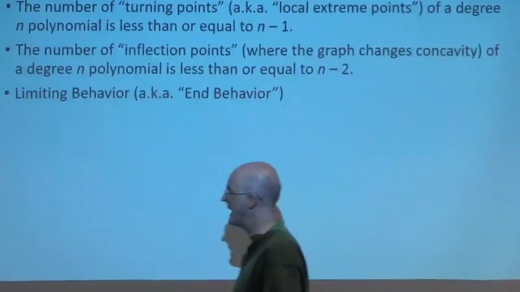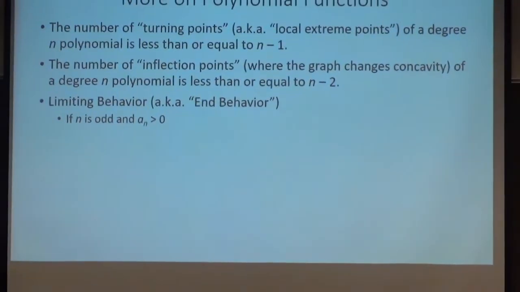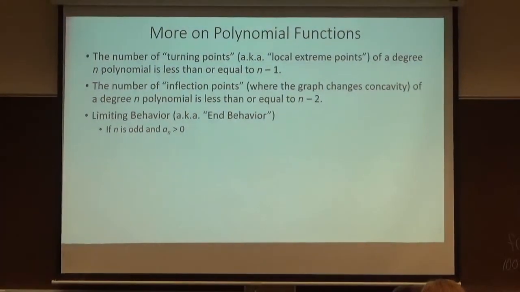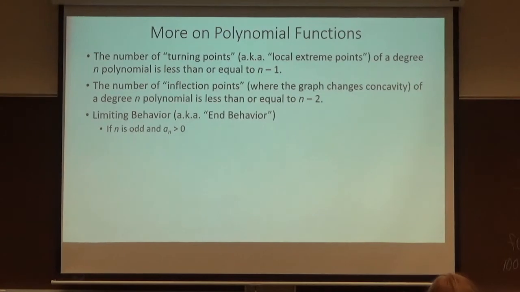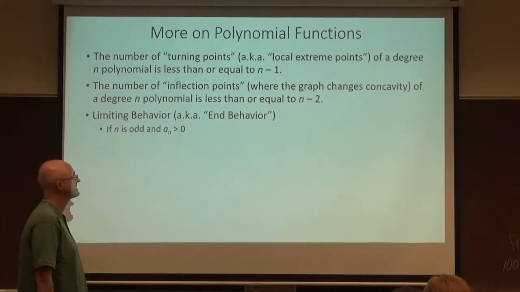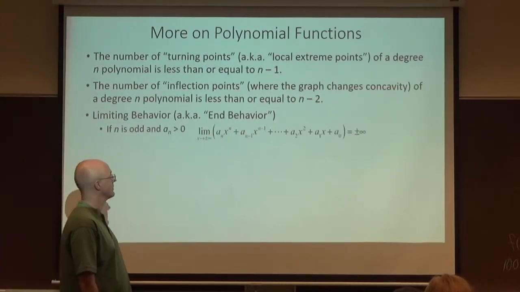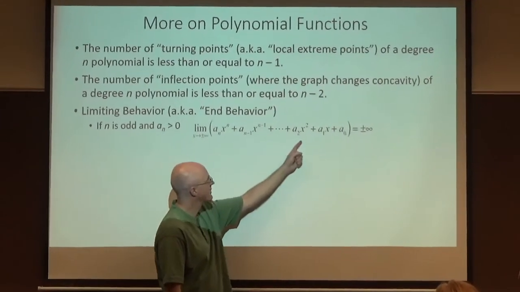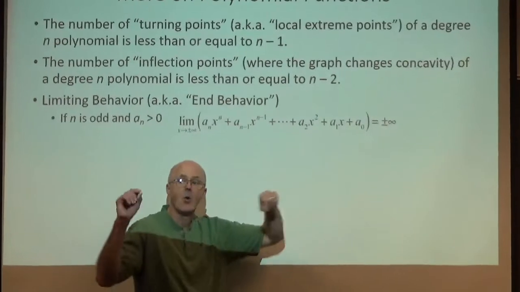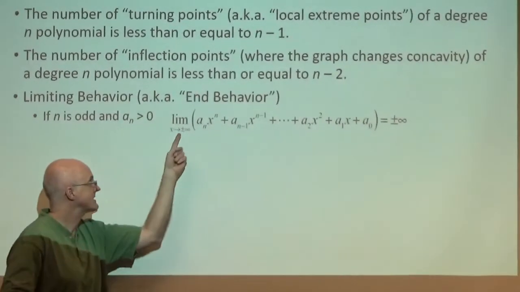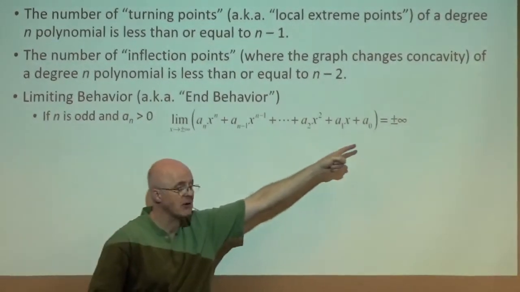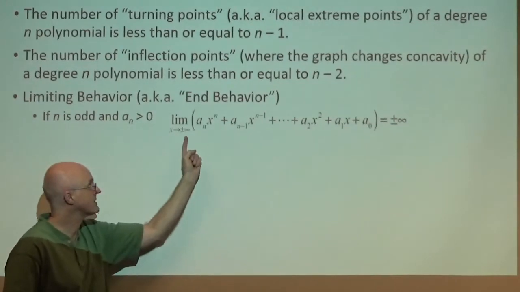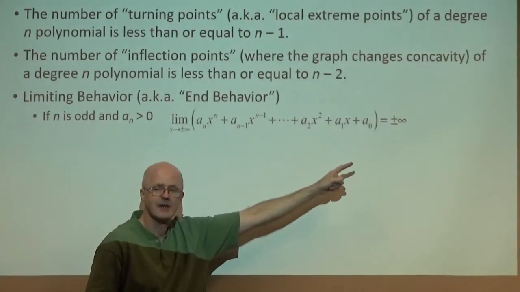Their limiting behavior or end behavior can be described quickly this way. In cases, first of all, if the degree n is odd and the leading coefficient is positive, then this is true. The limit as x goes to plus or minus infinity of this polynomial is plus or minus infinity, where the plus infinity here matches with the plus infinity over there, and the minus infinity here matches with the minus infinity over there.